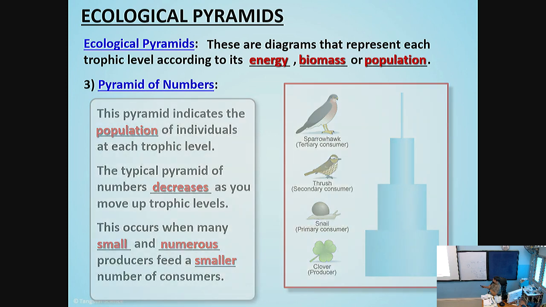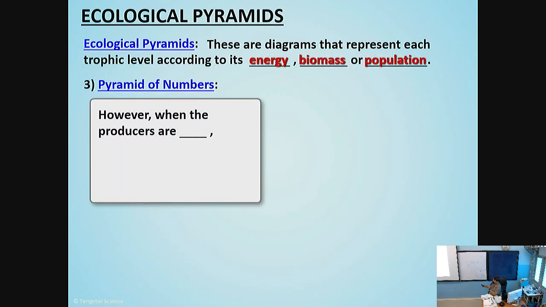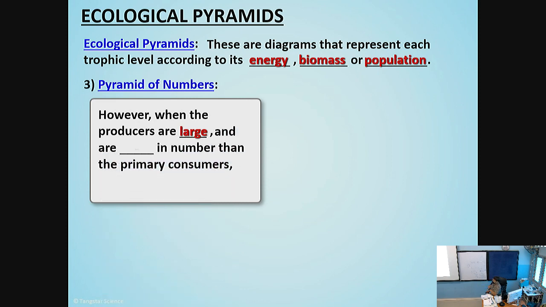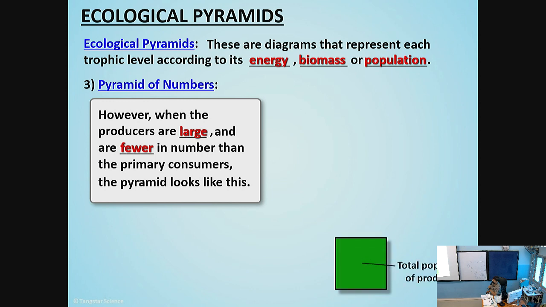But if the producers are large and fewer in number than the primary consumers, it looks like this one.